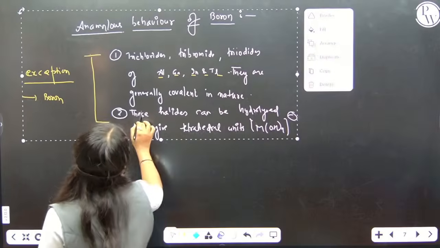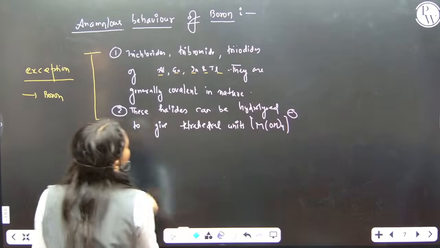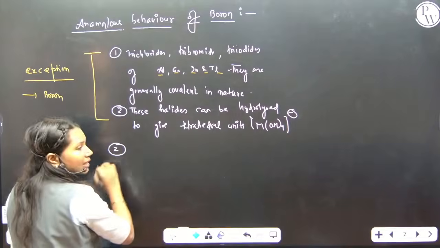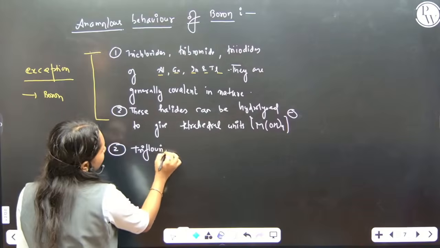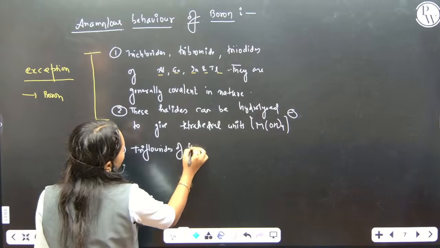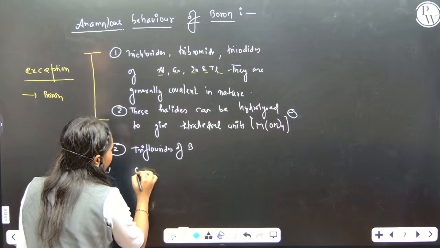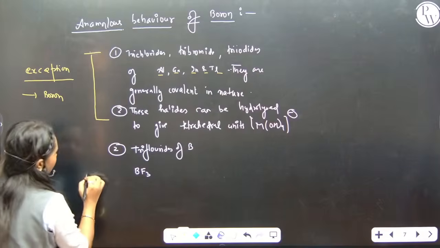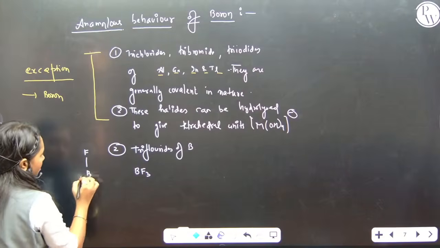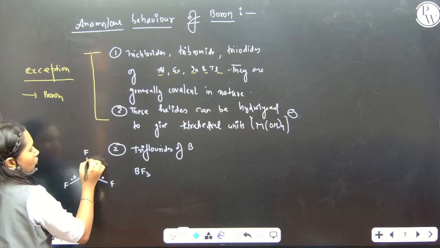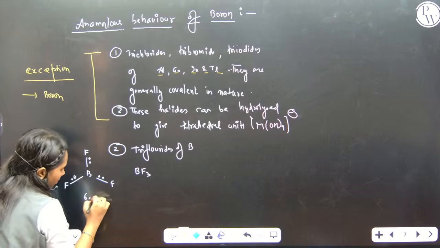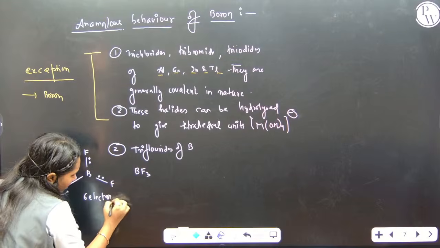The next anomalous behavior is the trifluorides of boron. For example, BF3. So 1, 2, 3, 4, 5, 6: 6 electrons.